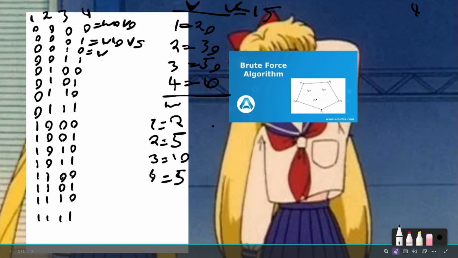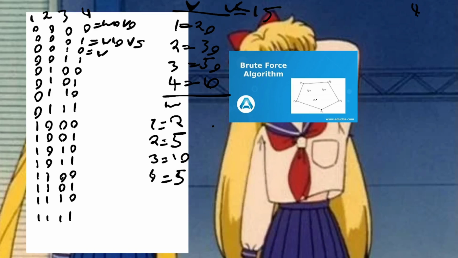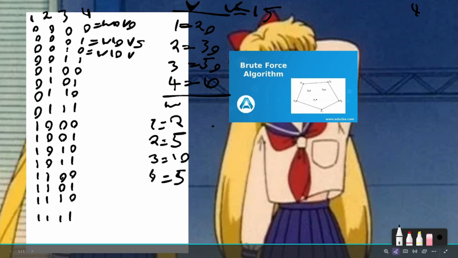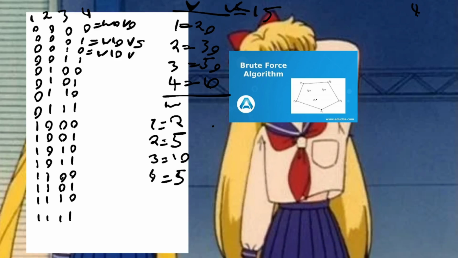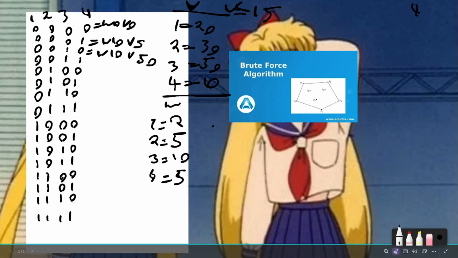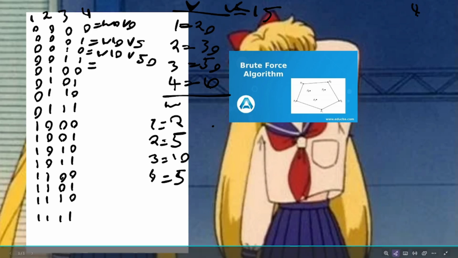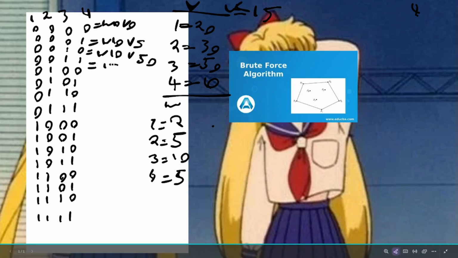So then 3, the weight. For just 3, it'll be 50 value, 10 weight. So the weight of 3 and 4 is 15. Ooh, that's good. And the value is 60.